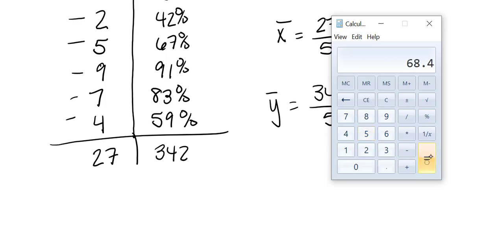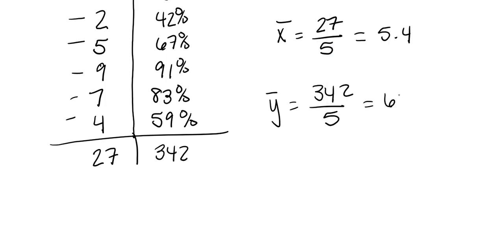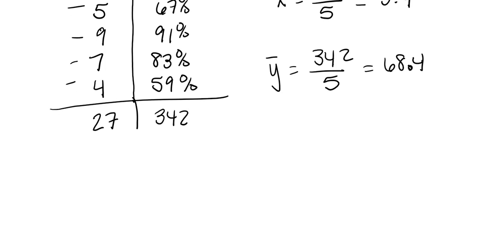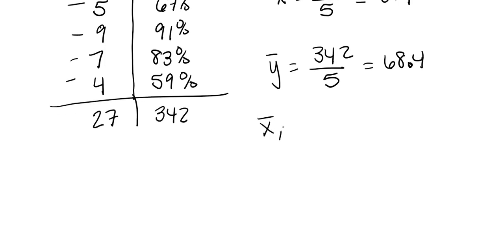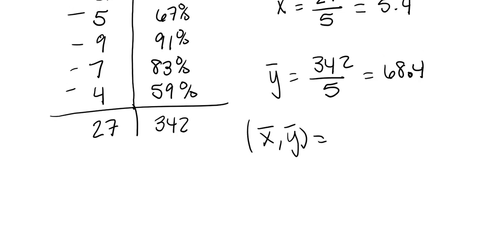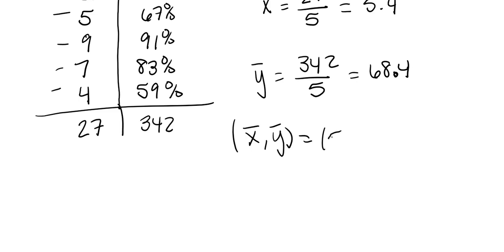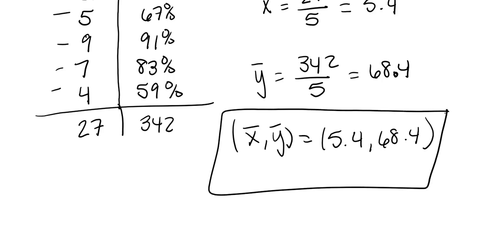So let's go ahead and divide it by 5 and we get 68.4. So x bar, y bar is equal to 5.4 and then 68.4. So this would be our solution.